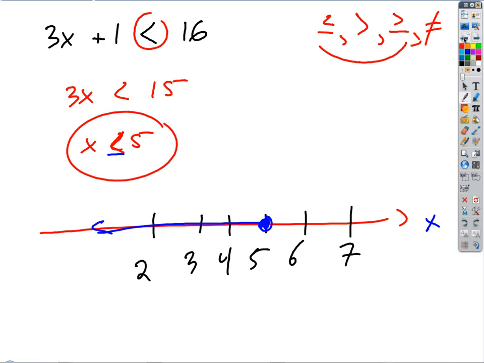Okay, last issue then. Oh, hang on. Yes, ma'am. If you multiply or divide by negative. Okay, very good. Let's look at an example where there's a negative in it. So what if we've got one like this? What if we've got -3x plus 1 is greater than or equal to -3x?